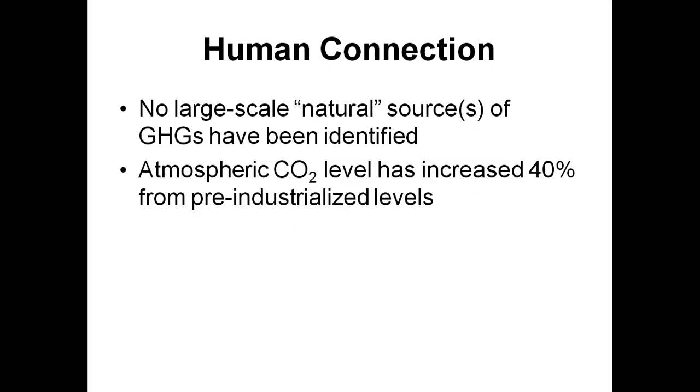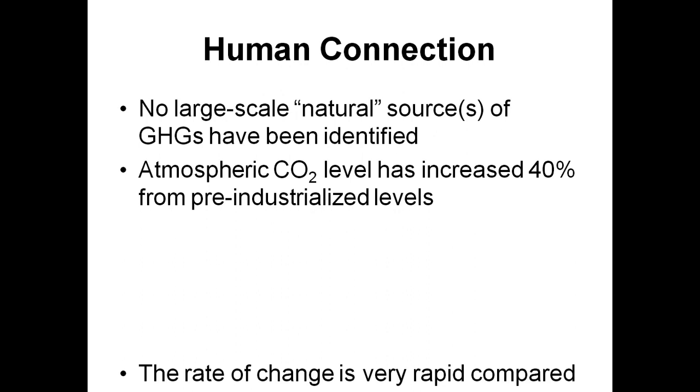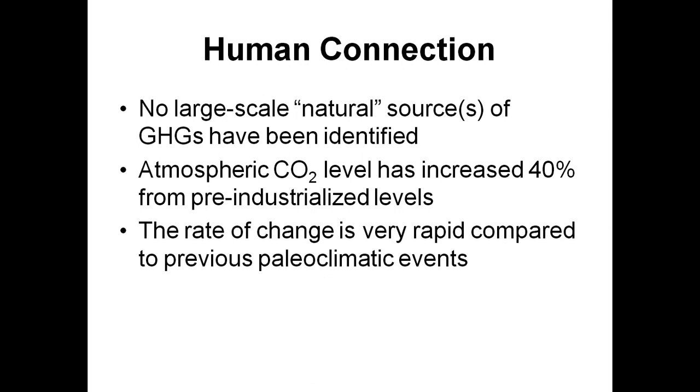At the same time, we know that atmospheric carbon dioxide levels have increased by 40% compared to the pre-industrialized levels, and we know that we emitted that 40%. The issue is not the warming, the issue is the rate of warming. It's warming up so rapidly, it's really hard to adapt to these new environmental conditions.